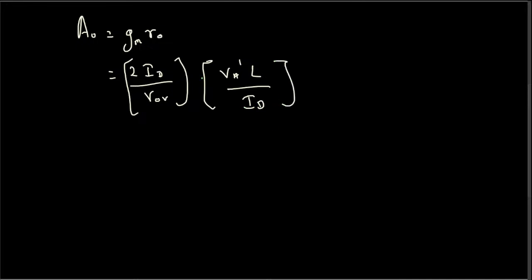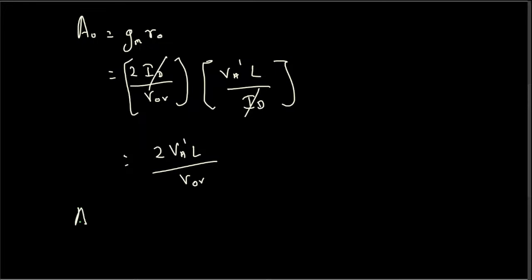Here what we can do is simplify this equation. I_D cancels and the others remain the same, so 2 V_A' L over V_ov, and for both of them the V_A' is the same, 2 is just a constant, so we don't have to worry about these two terms.